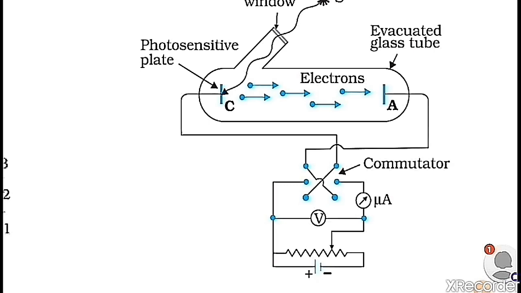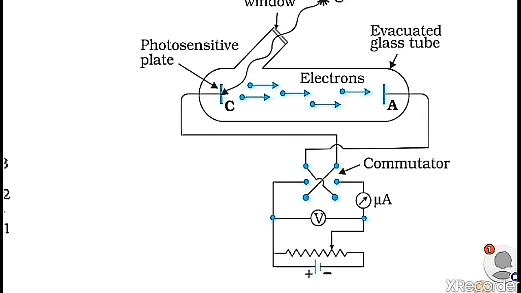Now we are going to apply a negative potential to plate A. What is going to happen with respect to plate C? When you apply a negative potential to plate A, the electrons coming from the emitter plate C are repelled by plate A because they have the same charge.